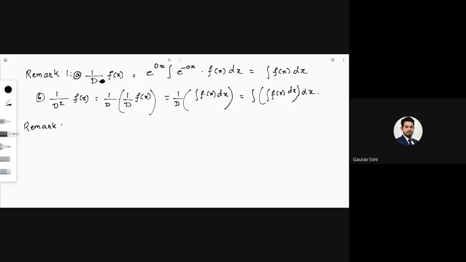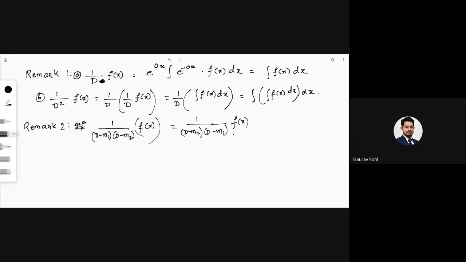Remark number 2. If you have this kind of case, 1 upon (D minus m1)(D minus m2) f of x, then before going to the next, I will say that this is equal to 1 upon (D minus m2)(D minus m1) f of x.